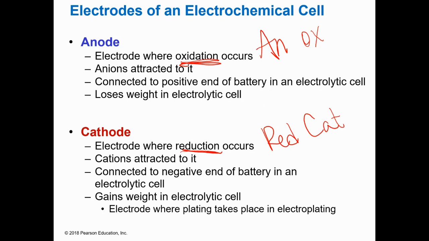The anions are going to be attracted to the anode, and those cations will be attracted to the cathode. And then the anode is connected to that positive end, but that's in an electrolytic cell, so we're going to wait on that.